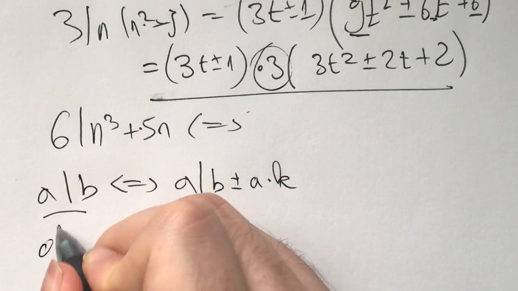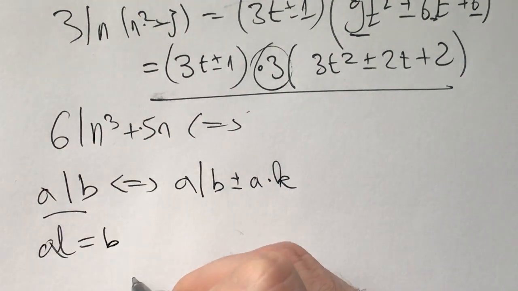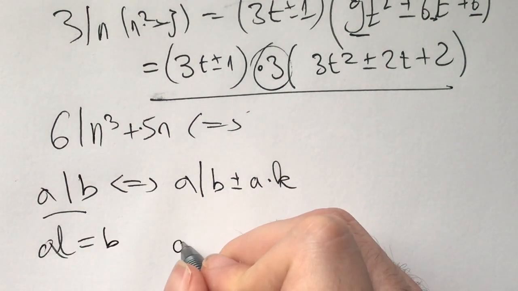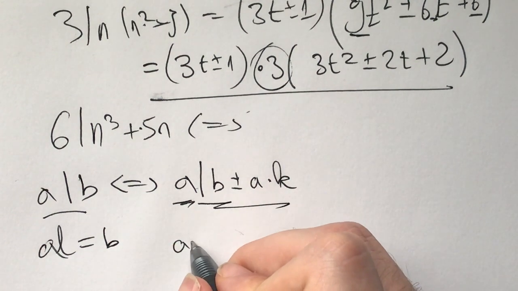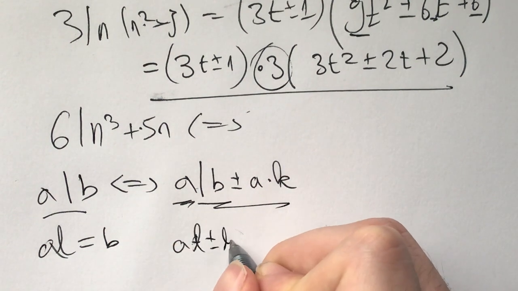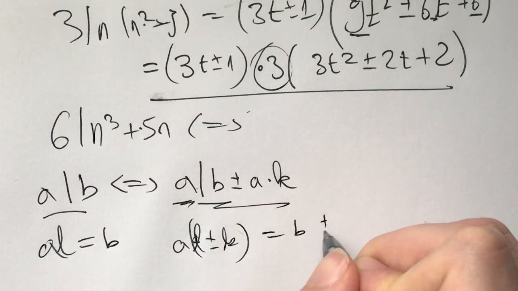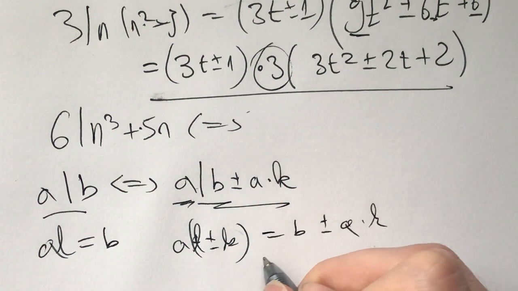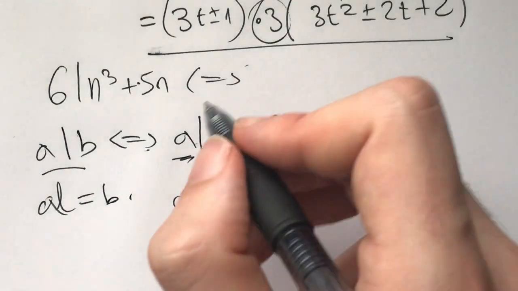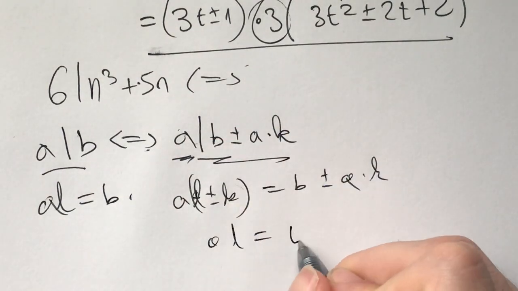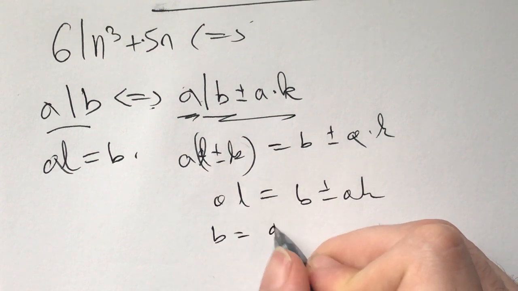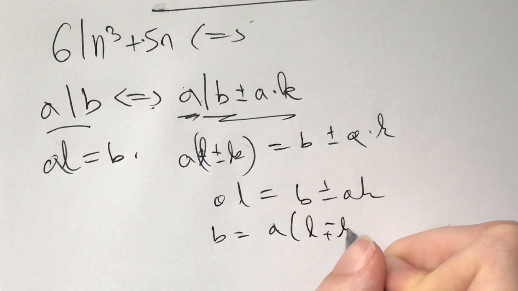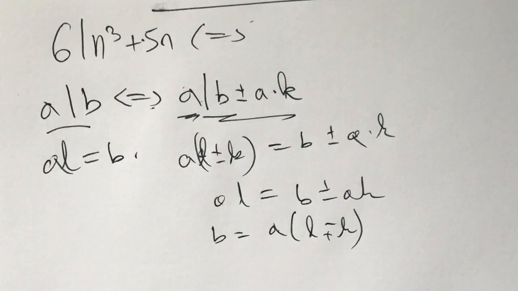If A divides B, there exists an L such that AL is B. And then AL plus or minus AK is equal to B plus or minus A times K. So then this is true. On the other hand, if L is B plus or minus AK, then B is going to be equal to A times L minus or plus K. So both cases are true.